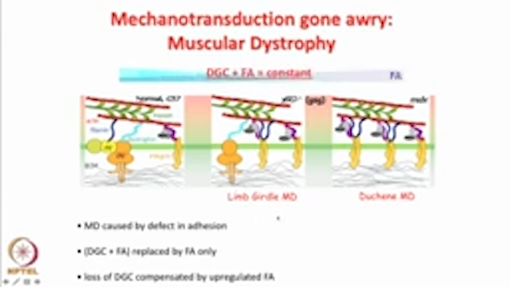Okay. So, this is equivalent of saying that you have two networks, a dystroglycan complex and a focal adhesion integrin complex, which together collectively regulate the force transmission from the outside to the inside.